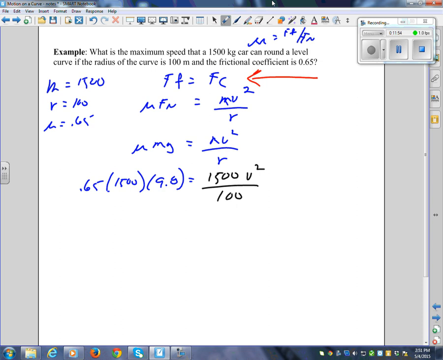Yep, absolutely. Do you want to do this? What if I multiply it on this side? Would that still work out? Yeah, you'd just be multiplying by 1,500 and then dividing by 1,500. Waste of time. Might as well just cancel it. So I'm going to have 0.65 times 9.8.